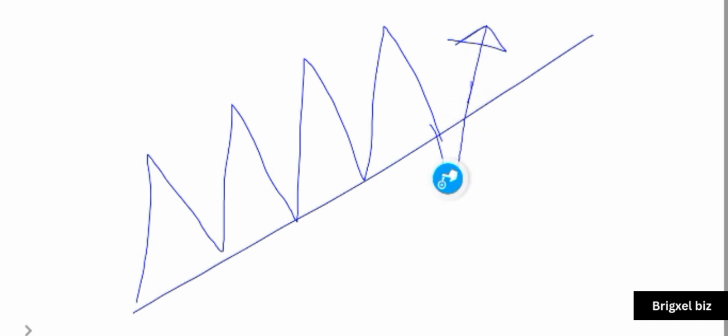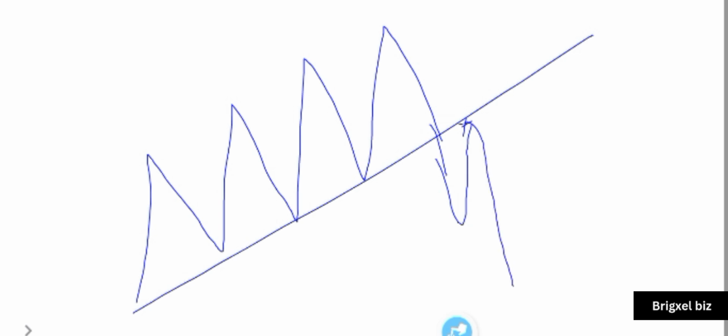It doesn't always happen like this. After the trend line break, the market could continue in the downward direction. It does happen like that. But a good way to get into a trade like this would be to maybe wait for a retest of this level. You wait for the market to pull back to this level, and after that, maybe the market continues like this.